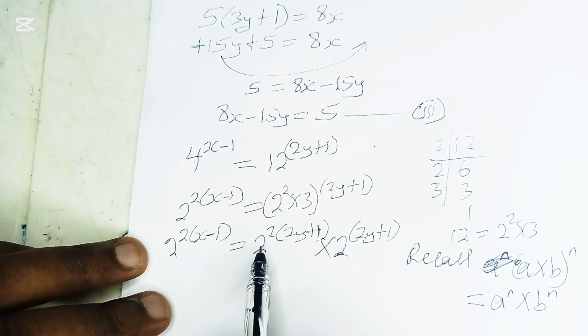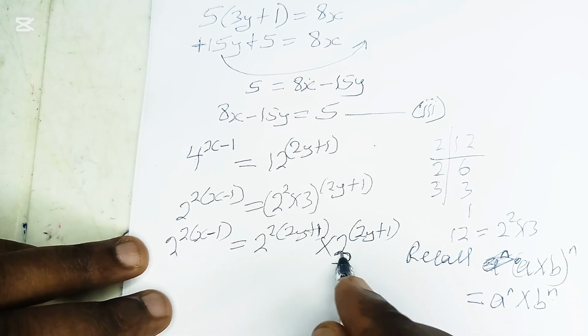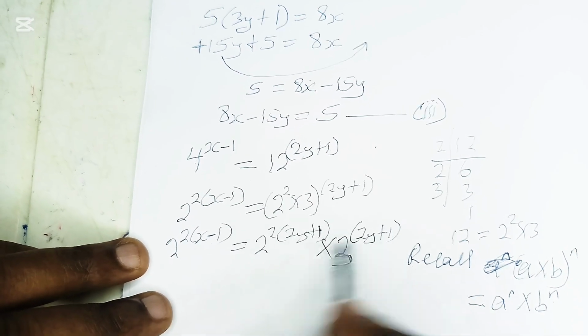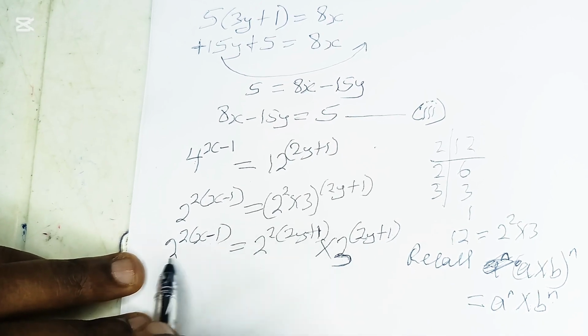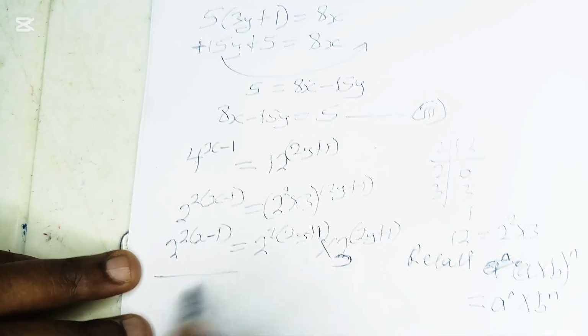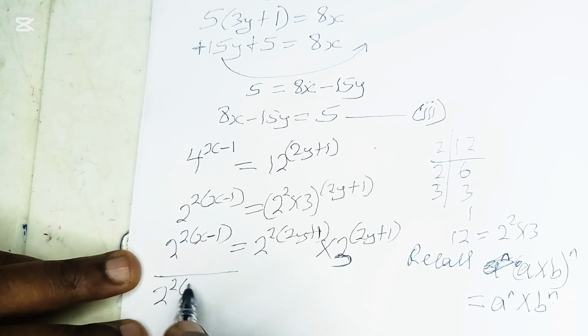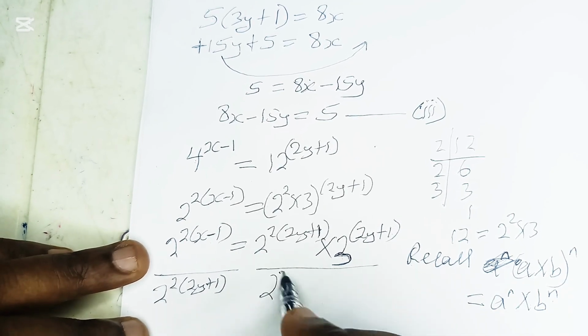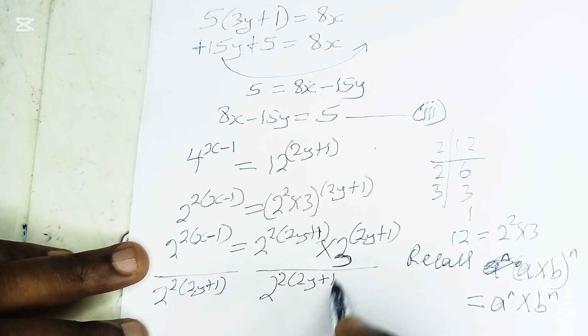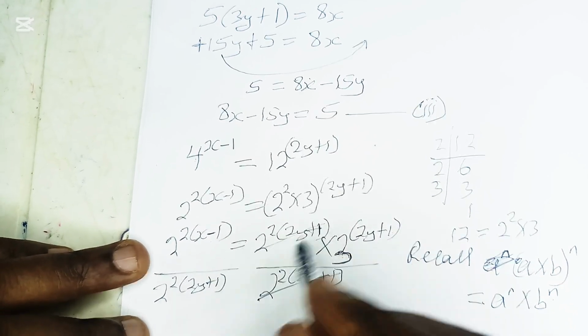The next thing we have to do, we divide both sides by this. So we have to say divided by 2 raised to the power of 2 into 2y plus 1. This cancels this.